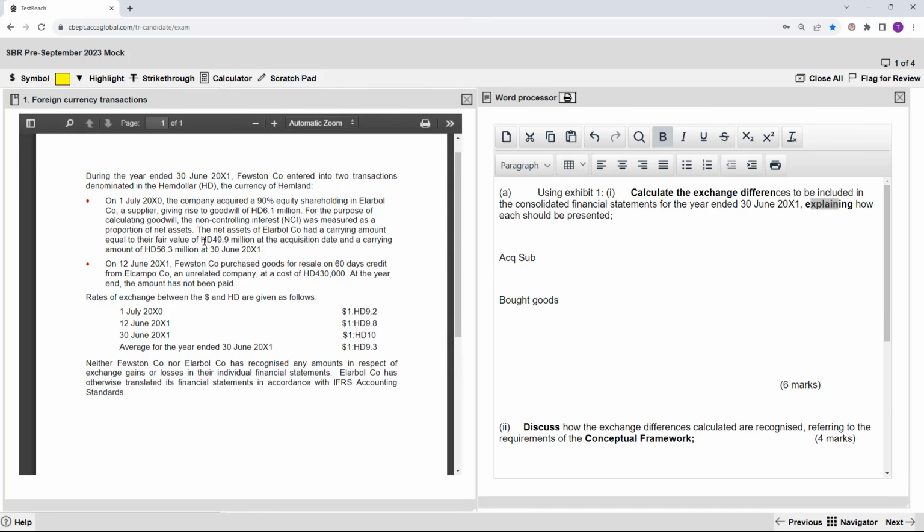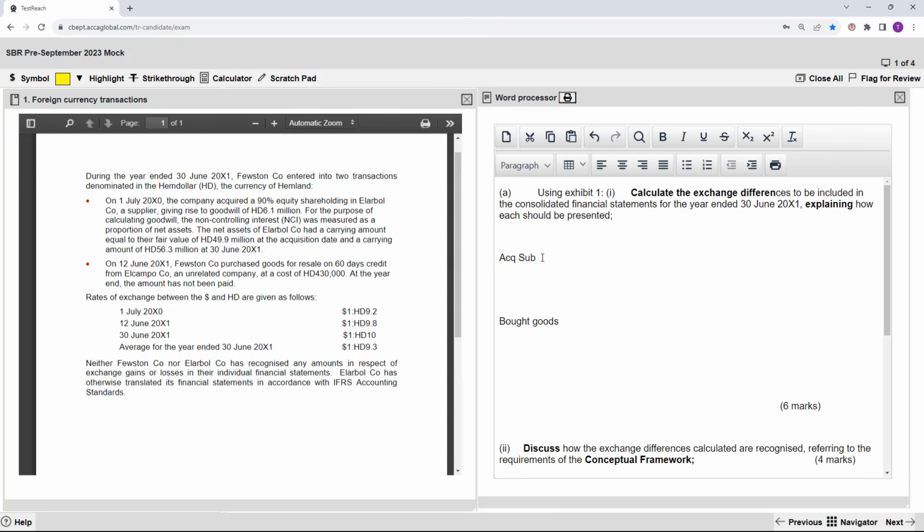When we have an exchange difference on a sub, that will be presented in equity, in the group other comprehensive income.